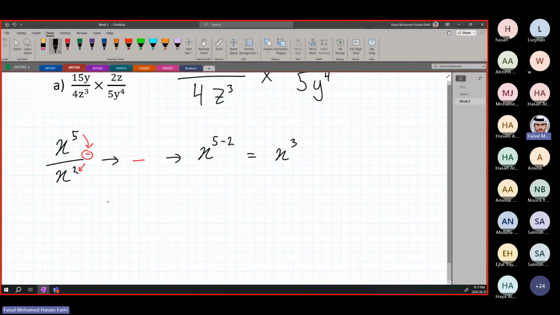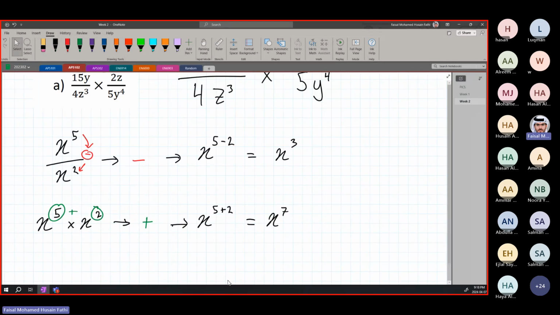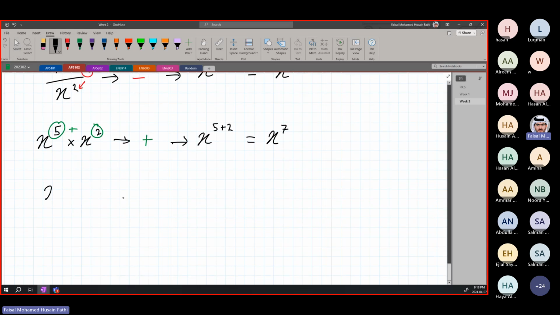When we have multiplication, so let's say x^5 times x power 2, when we have the same base, in this case it's x, this means we are going to add. So this plus this. So this is going to be x^(5 plus 2), which is equal to x to the power of 7. And the last and most important point is if you have x to the power of minus 3.